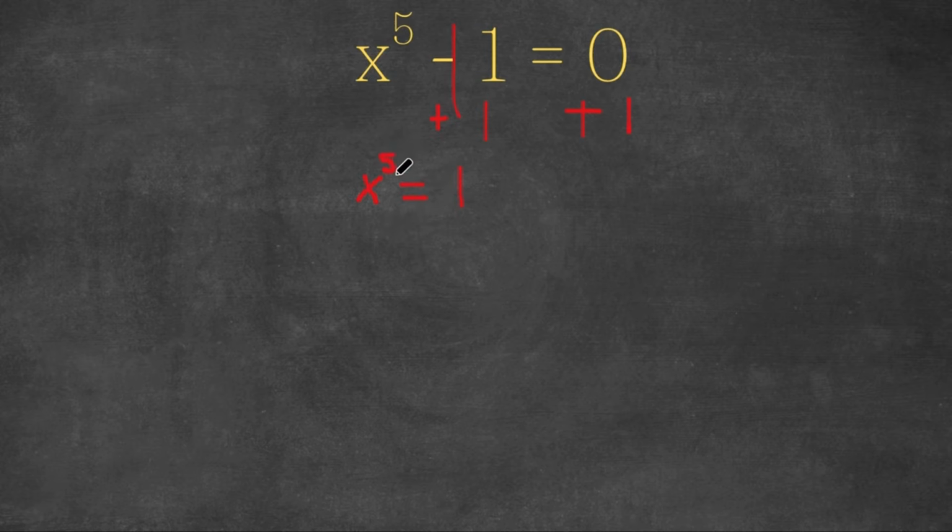So to get rid of this exponent, we've got to do the opposite of it, which is finding the root of it. So because its exponent is 5, we're going to put this term to the root of 5. And that would result in both of these two canceling out because these two are opposite and opposites cancel out. Just like minus 1 and plus 1, these two cancel out.